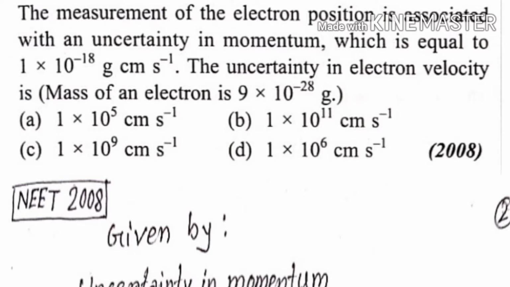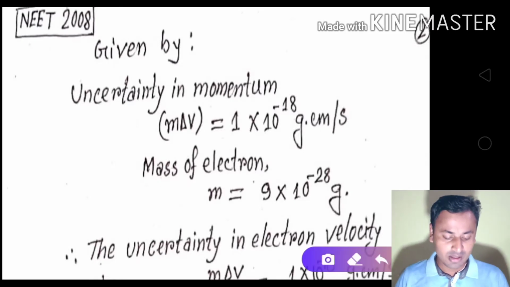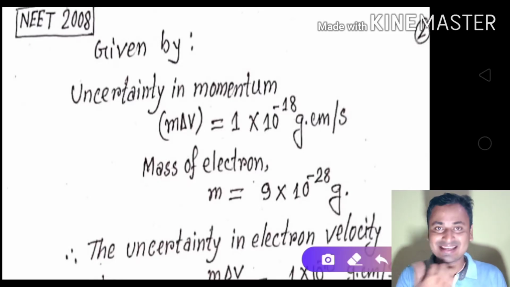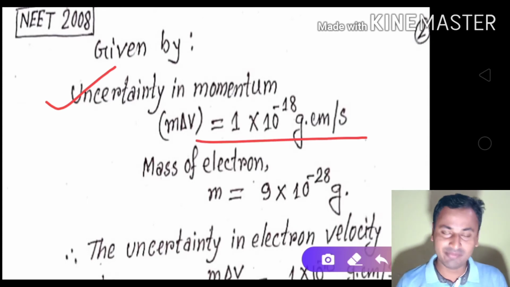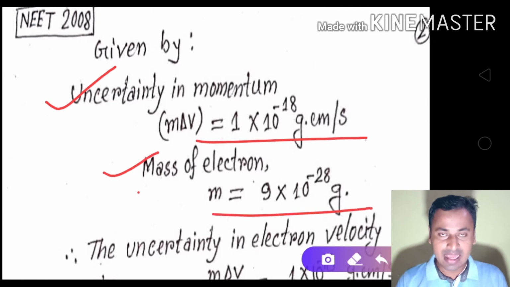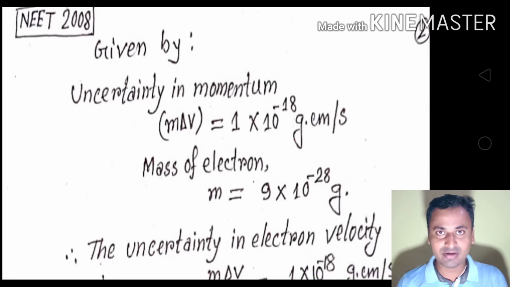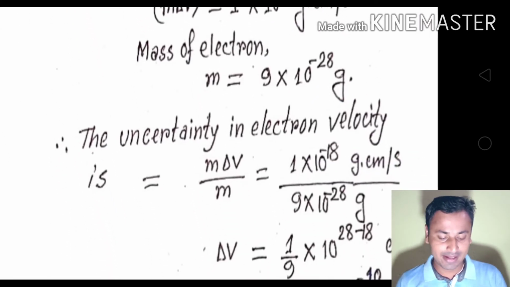Given the uncertainty in momentum is 1 into 10 to the power minus 18 gram centimeter per second and the mass of electron is 9 into 10 to the power minus 28 gram.